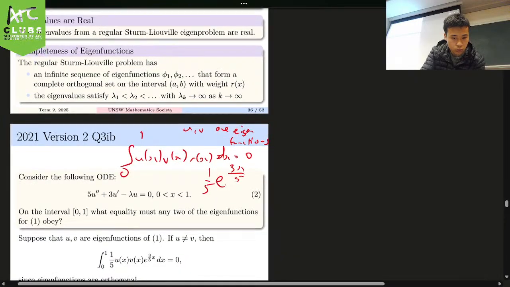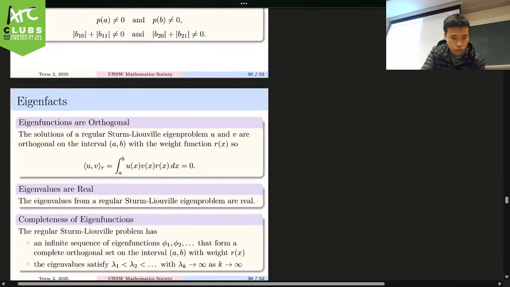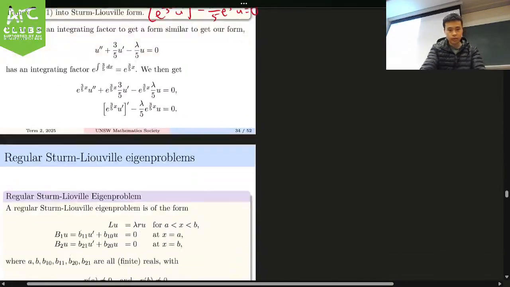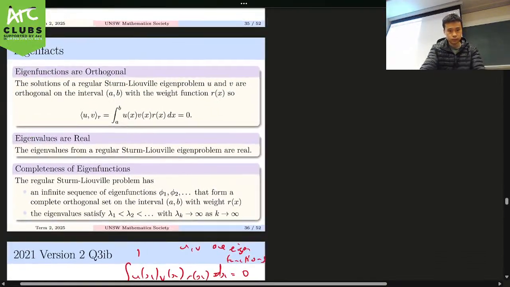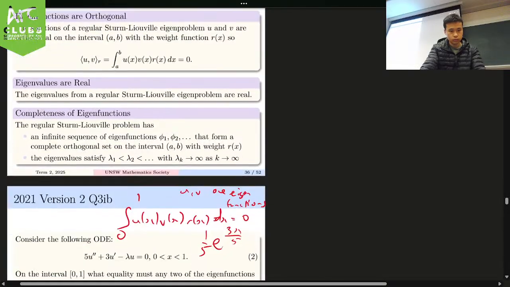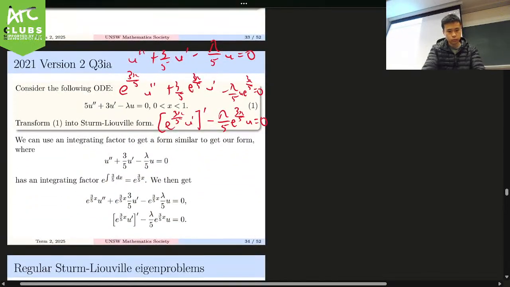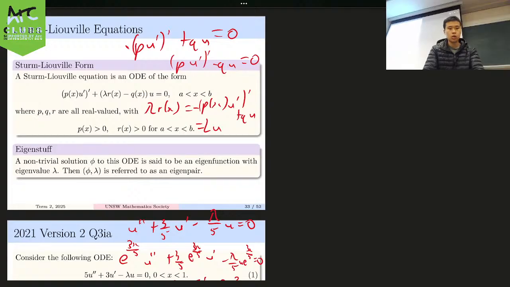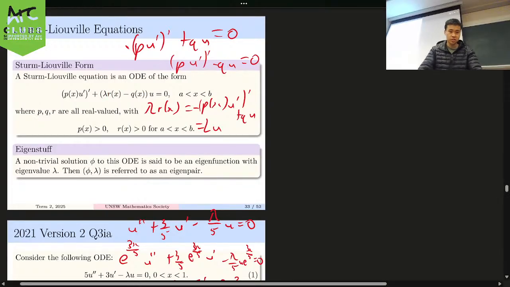I believe that's related to this one here, because that is our r of x essentially.